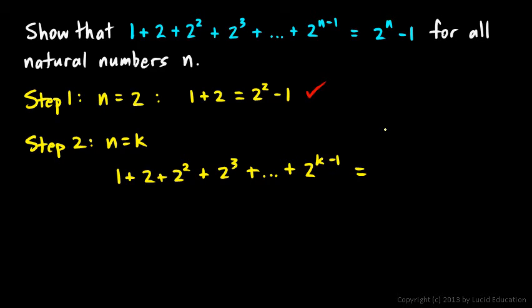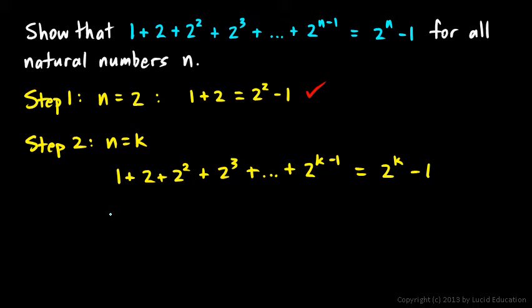And then the right side will be 2 to the k minus 1. And we want to show that if that is true, then it also works not for k, but for k plus 1. So let me switch colors here.